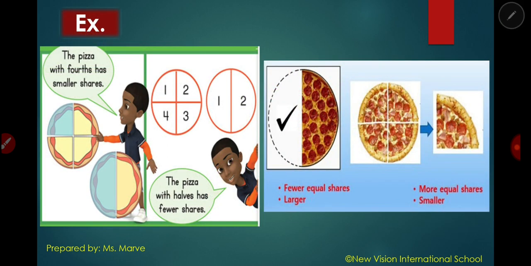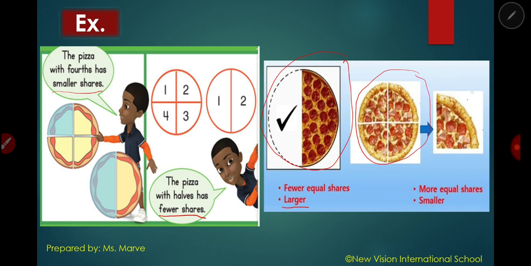Another example that we will take is that the pizza with fourths has smaller shares, while the pizza with halves has fewer shares. Understood? So this is the pizza that is divided into halves. It has larger shares. And the pizza that is divided into 4 has smaller ones.